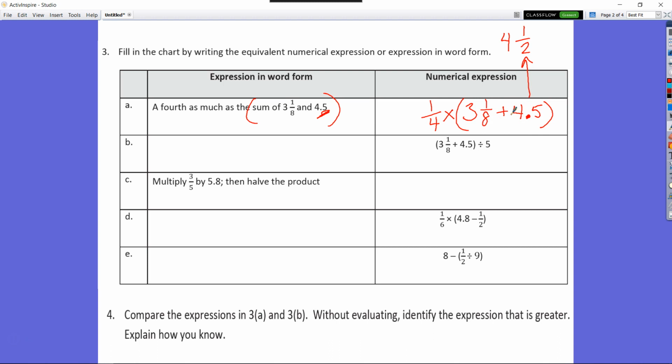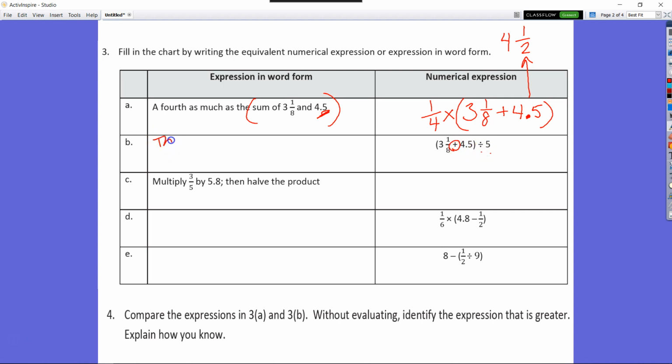All right. Now we're going to write the expression in word form. Since this is addition, it's going to be the sum of these two numbers, and then we're dividing by 5. So we're just going to write that out.